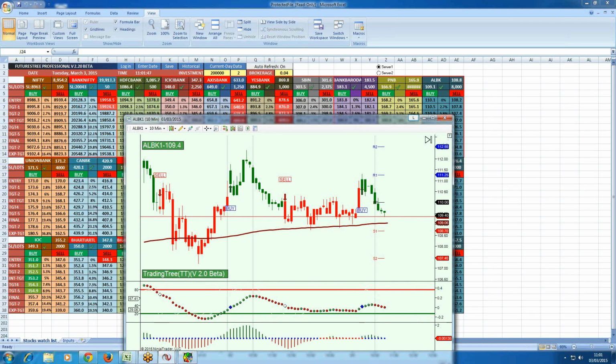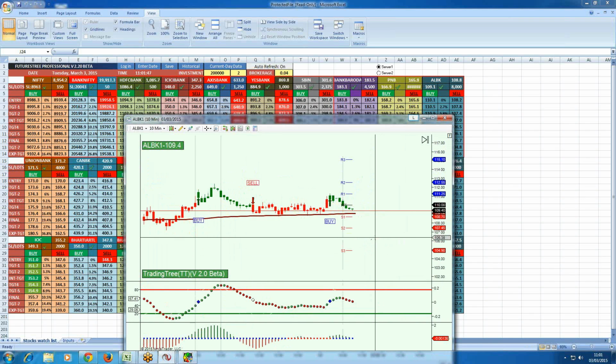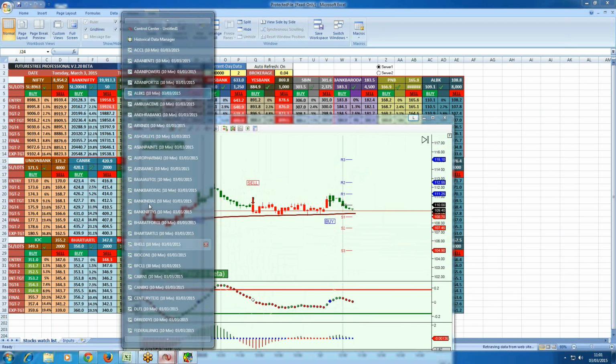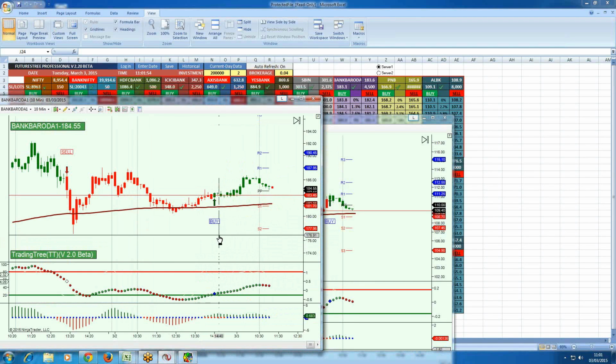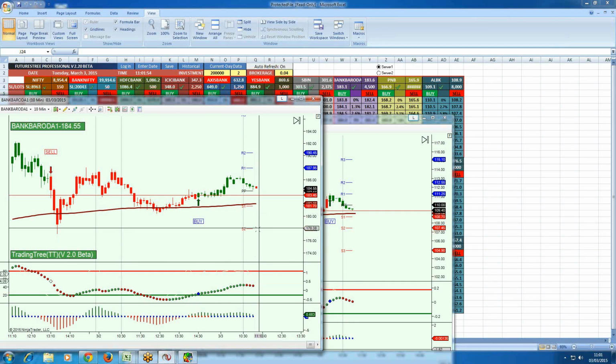We should get a sell call in Allahabad Bank. Same thing with Bank of Baroda.